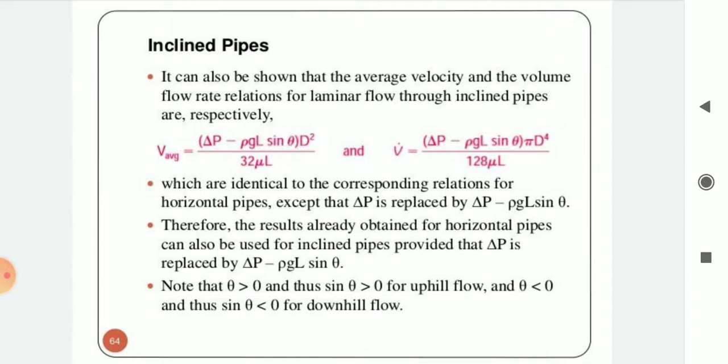Therefore, the results already obtained for horizontal pipes can also be used for inclined pipes, provided that ΔP is replaced by ΔP − ρgL sin θ.